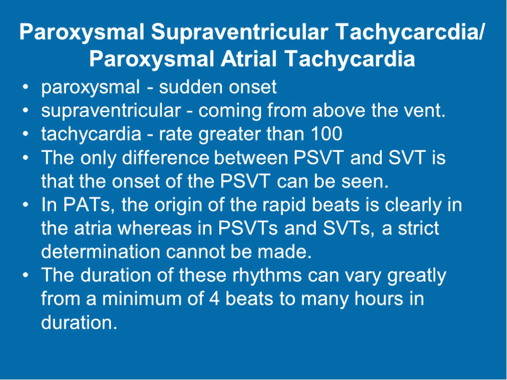In PSVT and SVT, we're not sure. So there's an umbrella term, PSVT and SVT, and one kind of SVT is a paroxysmal atrial tachycardia. So the SVTs, the PSVTs, those could be originating in the junction or they could be originating in the atria, but we can't say for sure.